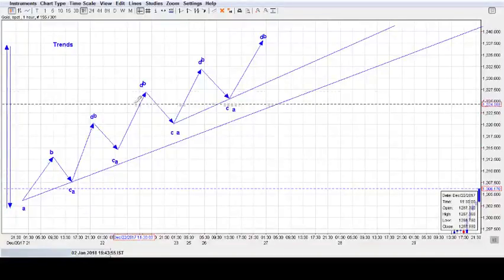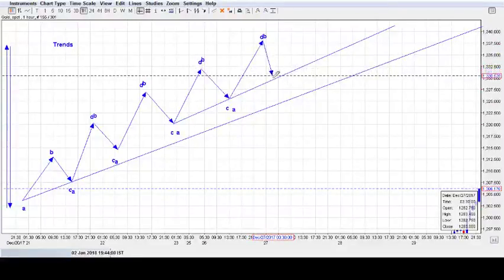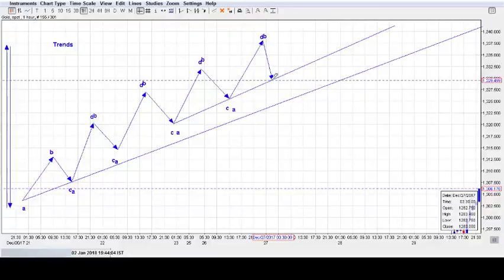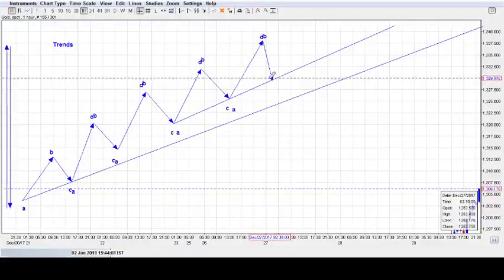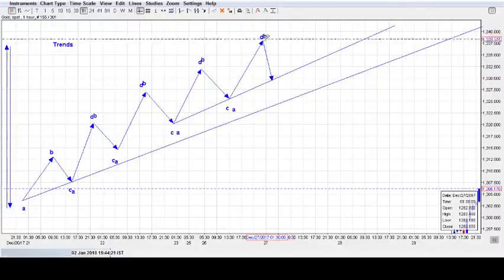Why are these trend lines important? I'll give you a very small example here. Let's say the markets are reaching that particular trend line, and it produces a morning star. What should you normally do here?